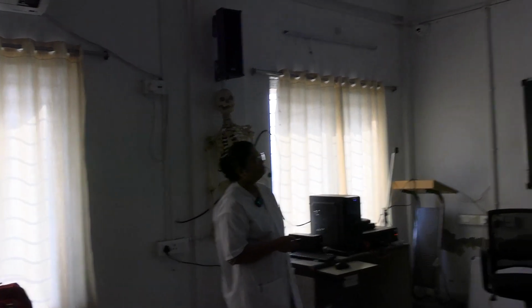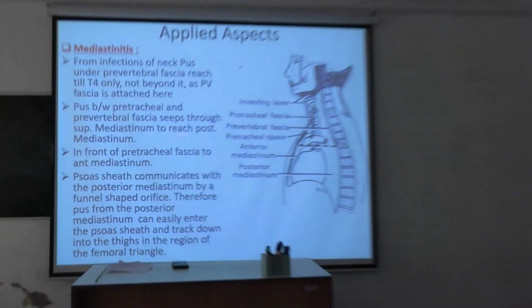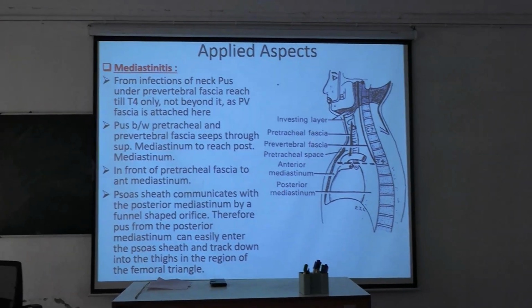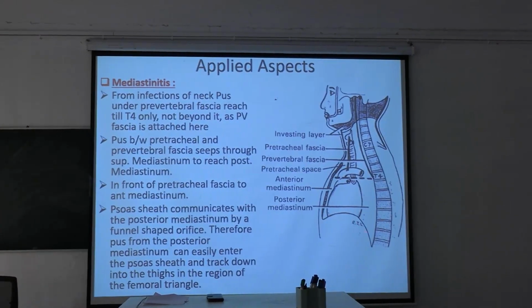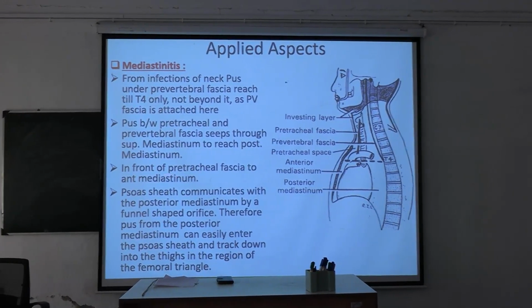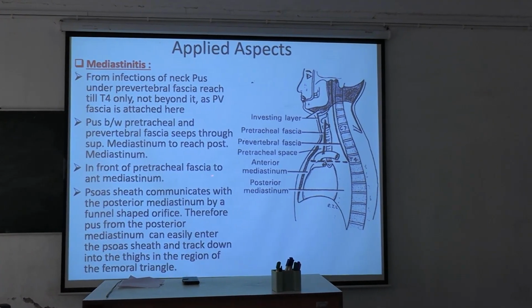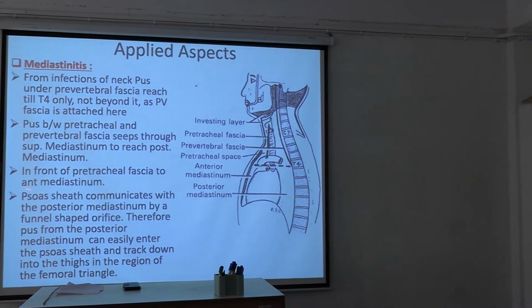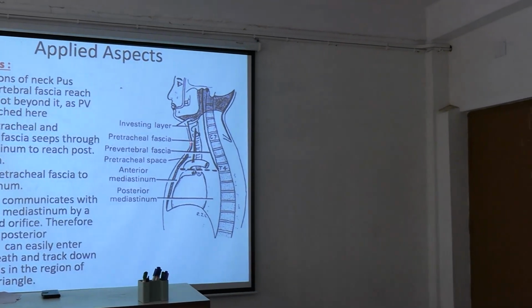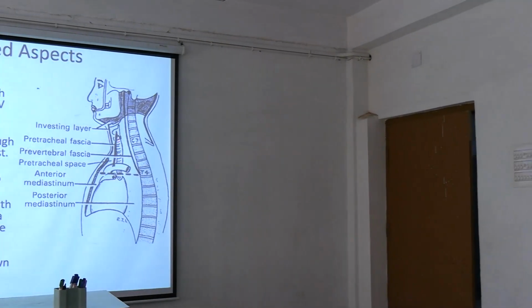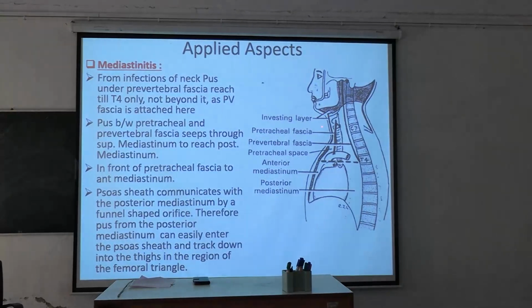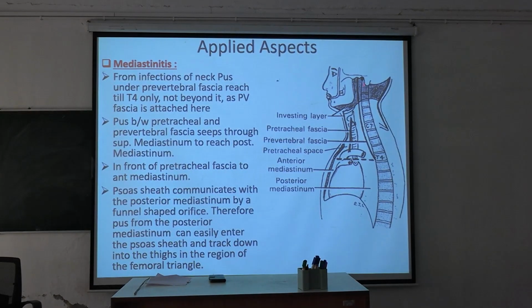And pus passing between the pretracheal and prevertebral layer seeps through the superior mediastinum to reach the posterior mediastinum. It can freely pass here, and in front of the pretracheal fascia to the anterior mediastinum. If the pus passes in front of pretracheal layer of the fascia, it enters into anterior mediastinum.